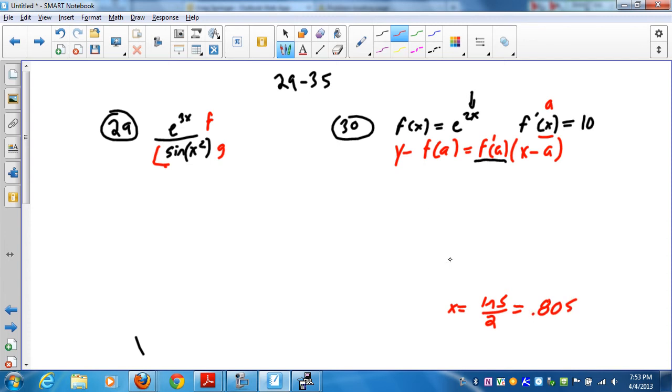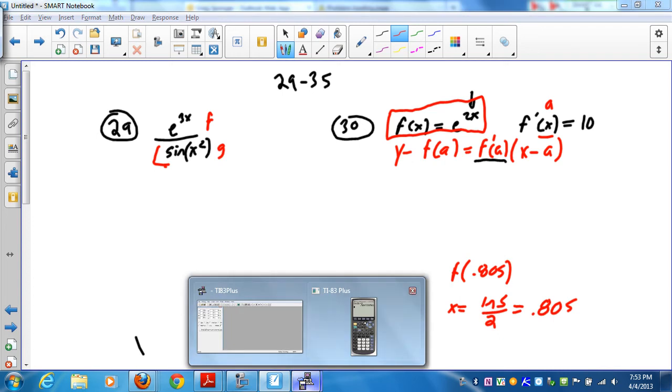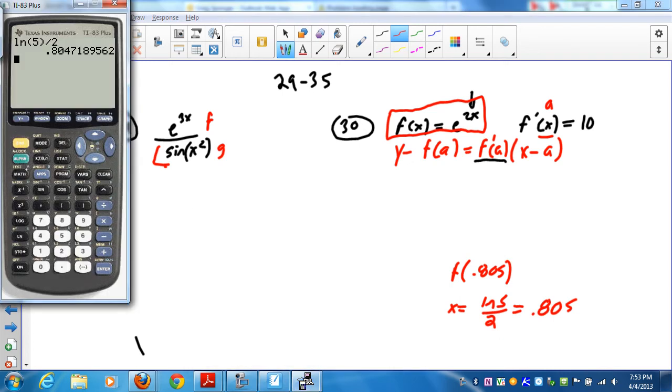0.805. And now we have to go back to the original function and find out what is the function value at 0.805. So let's see what we can do with that. So we have e raised to the what? 2 times the answer.